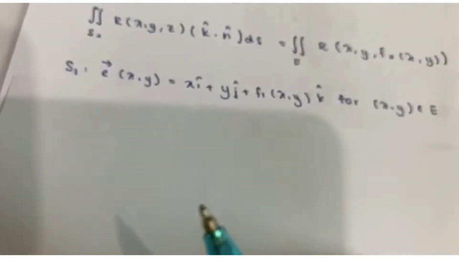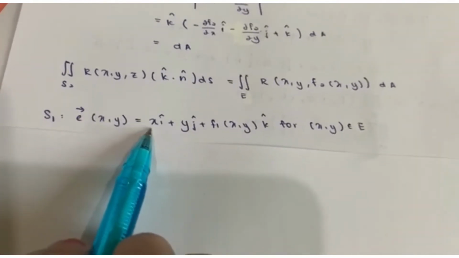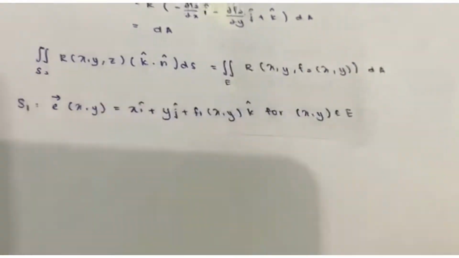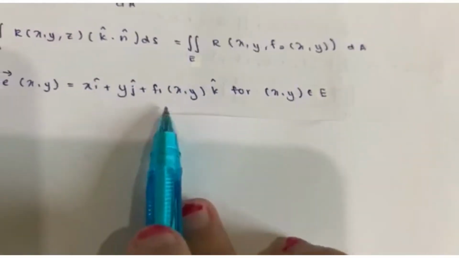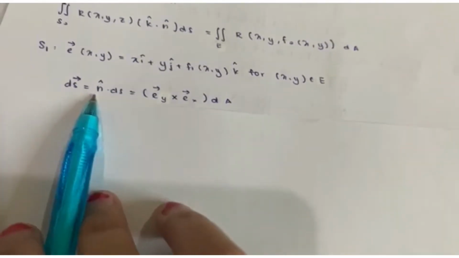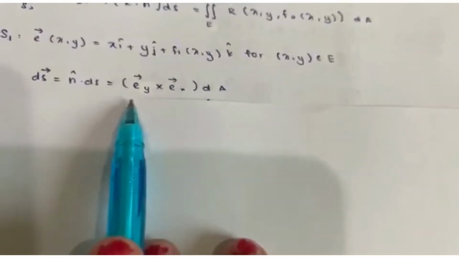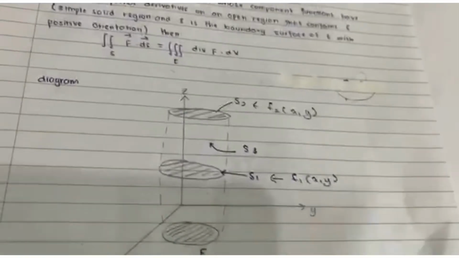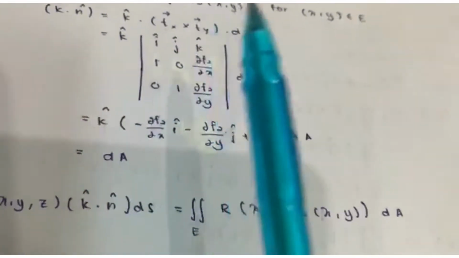And then we solve for S1. We can use any variable, so I choose r(x, y) equal to xi plus yj plus f1(x, y), because for S1 we use f1(x, y), so this must be equivalent for (x, y) in E. So just now I said dS is equal to n dot dS, so we find this n dS, we get ry cross rx, because for S1 we must find the positive orientation, and the positive orientation is given by ry cross rx, not just like Tx cross Ty.